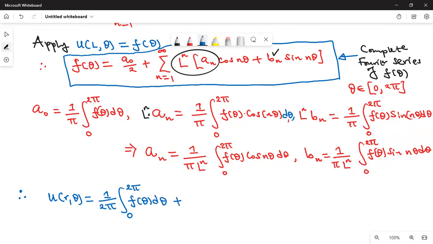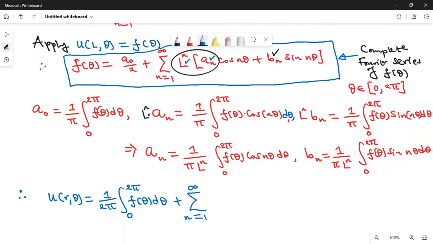Then plus that summation, we have the sum from n equals 1 to infinity. Now, L raised to n times a sub n, we have it as this integral. So you see 1 over pi is a constant.